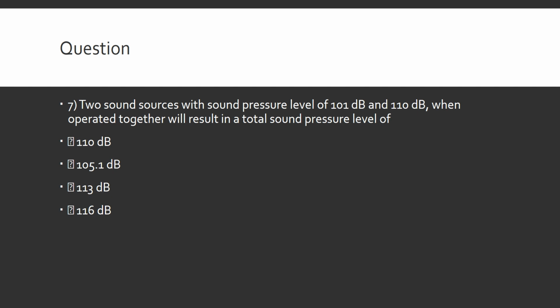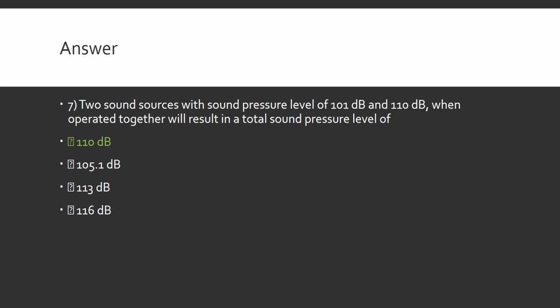It won't provide any average sound, or add up to some 121. The resultant sound will be the higher one, which is 110 decibel. But if you have similar sound sources, it will be the same case: you just add 3 more decibels, and it will become 113 decibel.